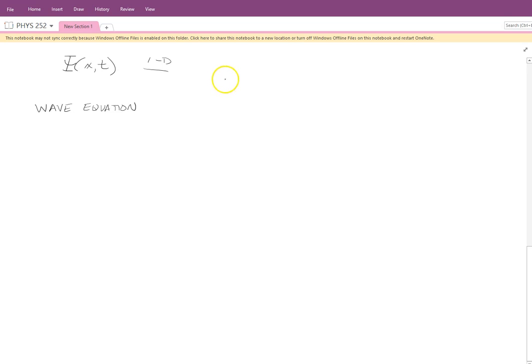So for instance, if you look at a wave on a string and you call the displacement of a point, this represents a string. Maybe there's a little pulse traveling along the string. This is the x-axis. What you do is you label traditionally the vertical axis the y-axis. So you can describe the y value of a point on the string at some position x at some time t. This would be the wave function for the wave on the string. Well, in that case, the wave equation is going to look like this.